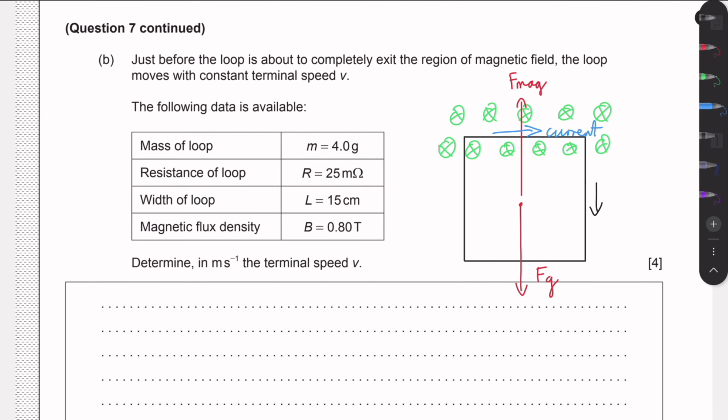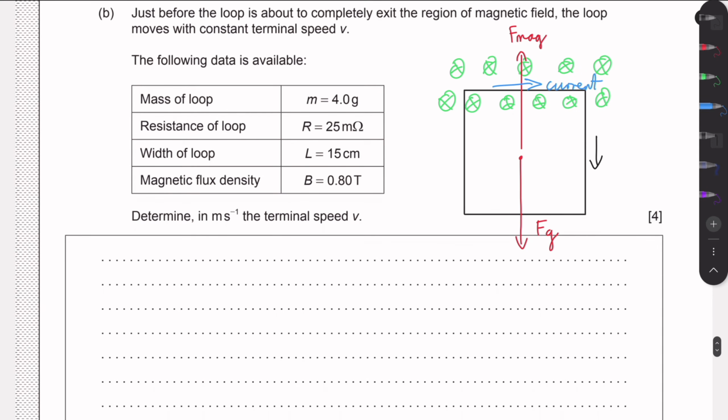And since we know that we are moving at terminal speed, so no net force, we know that the magnetic force is going to be equal to the gravitational force. This is how it's going to be in equilibrium. And let's see what formulas we have. We know that the gravitational force is just mg, so this is obvious.